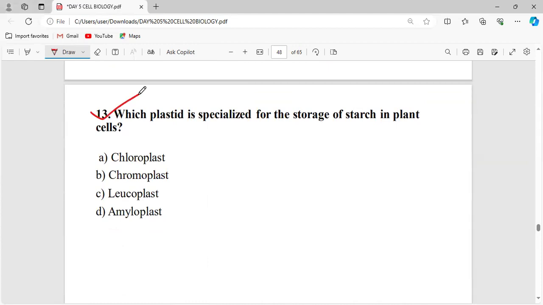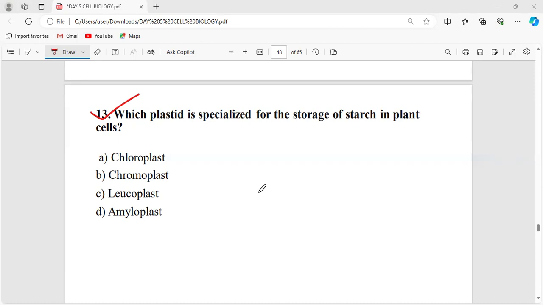And which plastid is specialized for the storage of starch in plant cells? Do plastids have DNA?